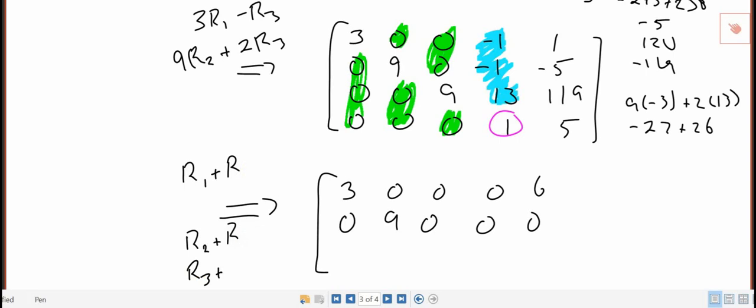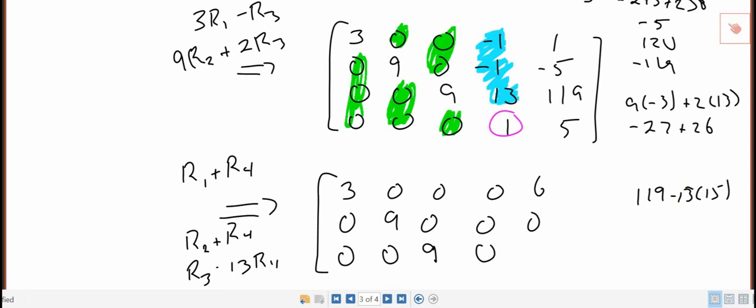I am so sorry, I used the wrong subscript. And then I'm going to take row 3 and add 13 of the row 4s. So that's going to be 0, 0, 9, and let's subtract, so that way I get a 0 there. 13 minus 13. And so we're going to have 119 minus 13 times 15. All right, so 13 times 15. I'm going to cheat and use my calculator now.